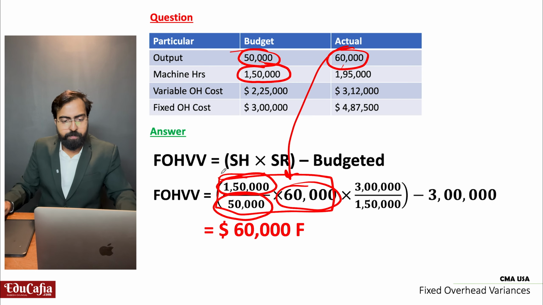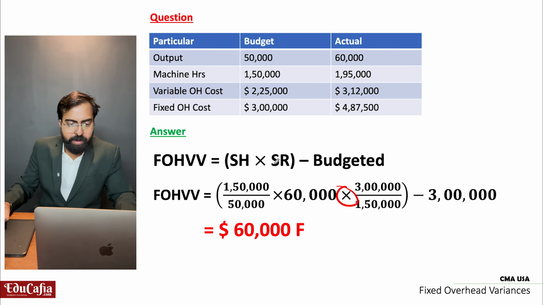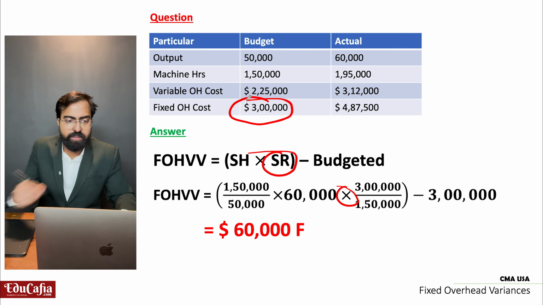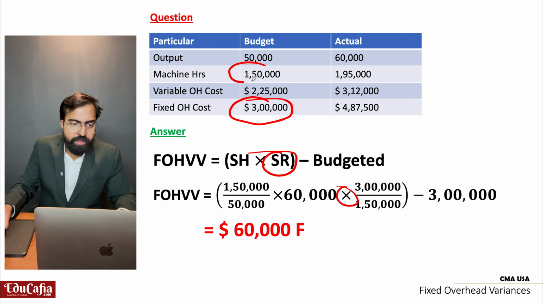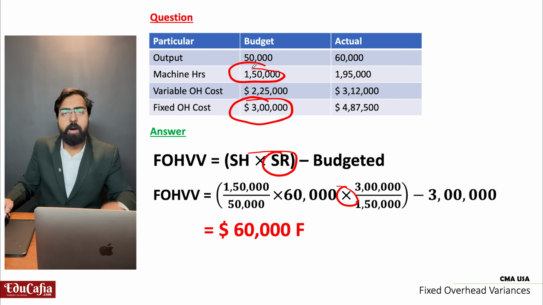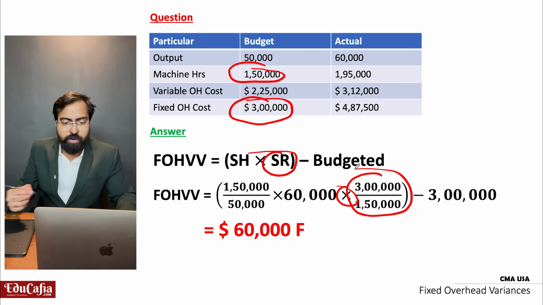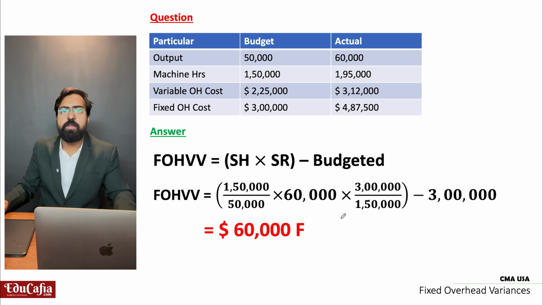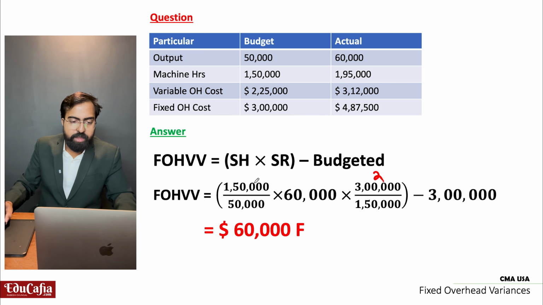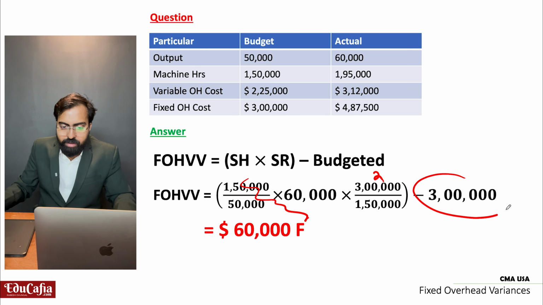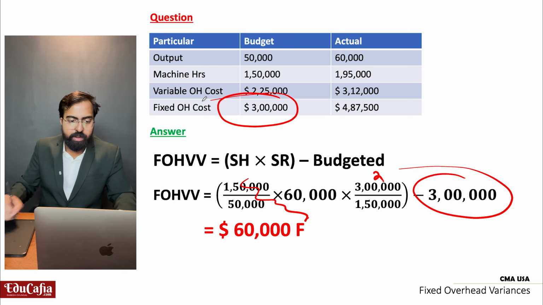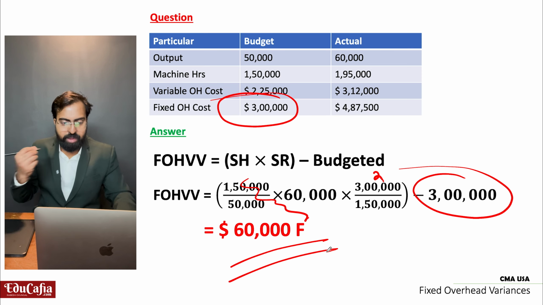Then that is multiplied by the standard rate. What is the standard rate? 3 lakhs for 1,15,000 hours, so per hour, 3 lakh divided by 1,15,000 hours. You multiply that and compare with the budgeted one, that is 16,000 favorable.